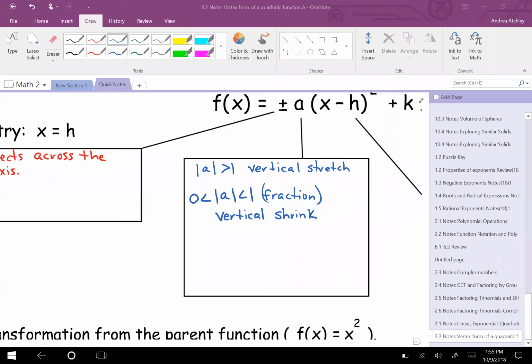So a value tells me if I'm stretching it or shrinking it. And remember, if I shrink something vertically, that means it's going to get wider. My parabola is going to get fatter.